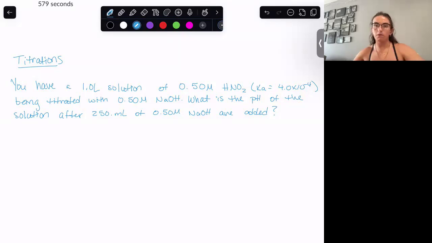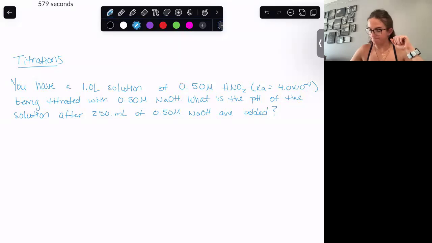Okay, so does anyone know where we're going to start with this question? What we need to look at first, or what we need to figure out in order to get started? Yeah, perfect. So we need to convert to moles because we need to figure out where in our titration we are. What is the classification of HNO2?